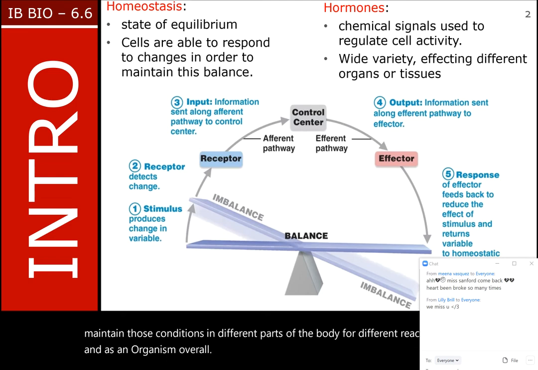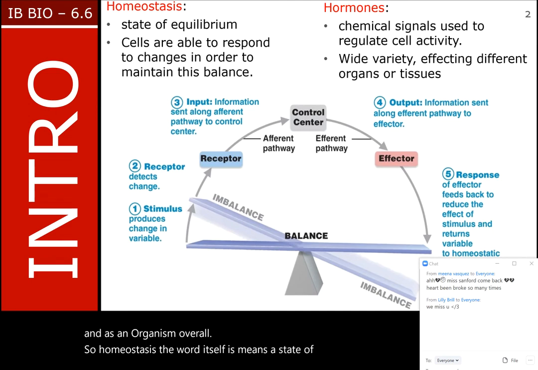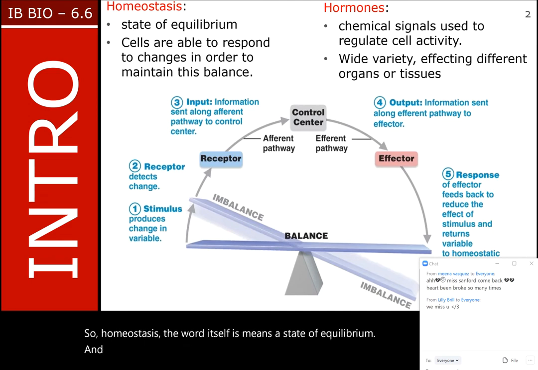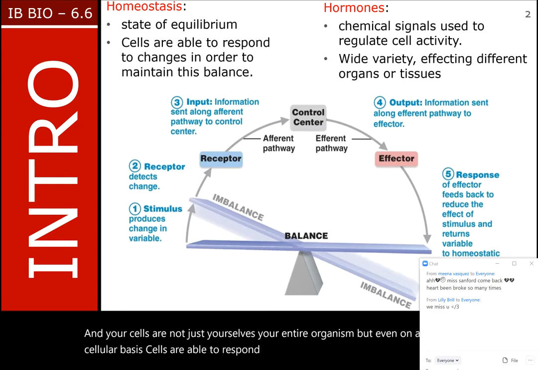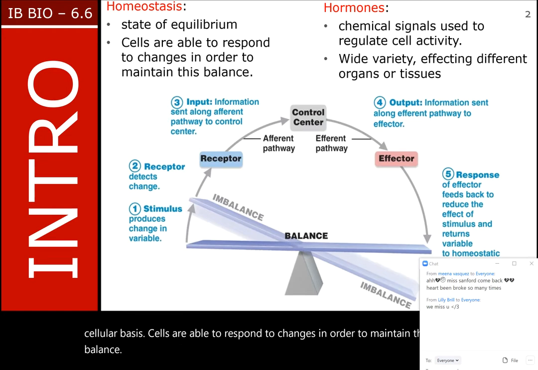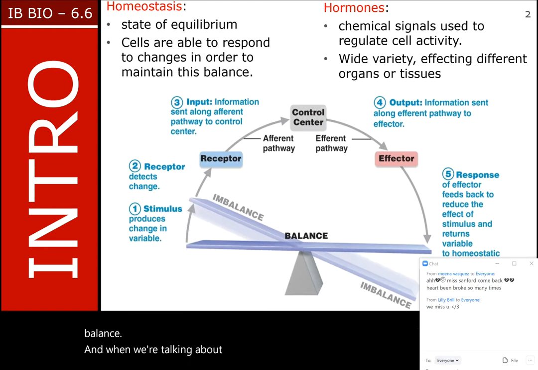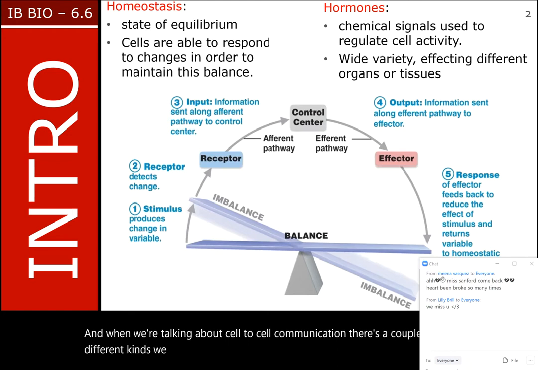So homeostasis, the word itself, means a state of equilibrium. And it's not just your entire organism; even on a cellular basis, cells are able to respond to changes in order to maintain this balance. When we're talking about cell-to-cell communication, there are a couple of different kinds. We don't get into a lot of the different types of cell signaling in the IB curriculum.